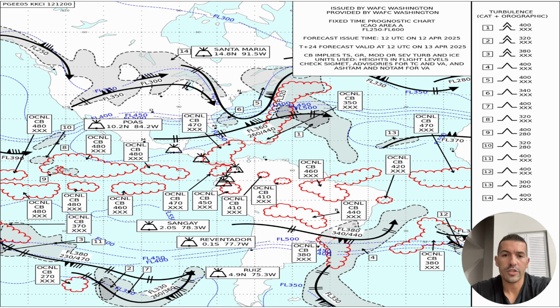Next, we can identify jet streams. This is represented by black wind barbs with altitude labels and speeds of 80 knots or greater. The speeds are shown by either a triangle, which depicts 50 knots, or a barb, which indicates 10 knots.